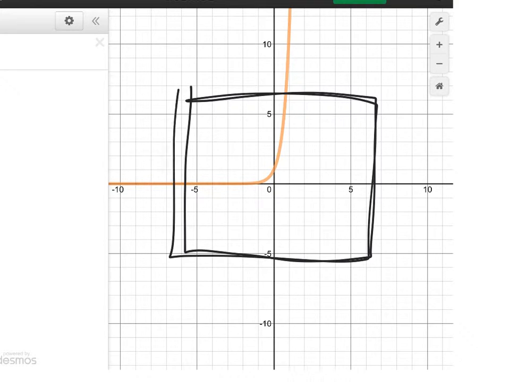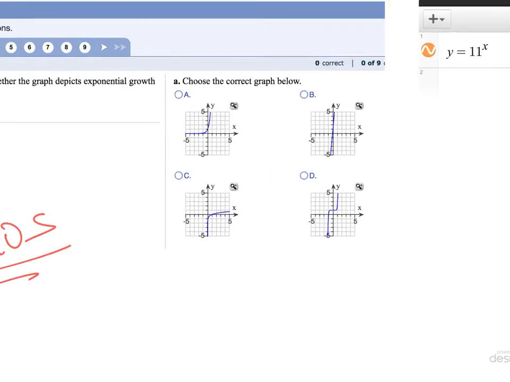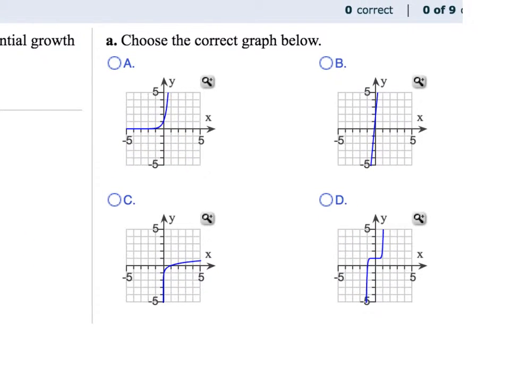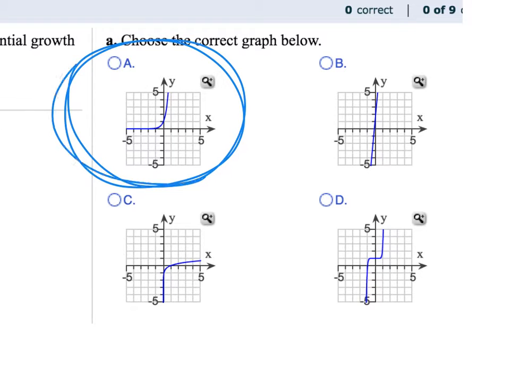This little portion right here is what we should be looking at. And so I can see that it starts and then it swoops up pretty steeply, right? So when I look at my 4 choices, the only choice that makes sense is A.